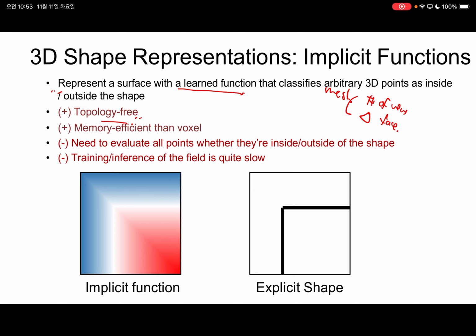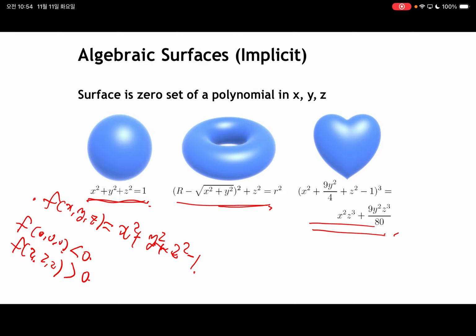And second, it is memory efficient. I will explain this in more detail later, but in the case of volume, we need to store all the voxel values. For example, 1K by 1K by 1K, so we need to store 1K cubed data points. But in the case of a function, we need to store just the function itself.